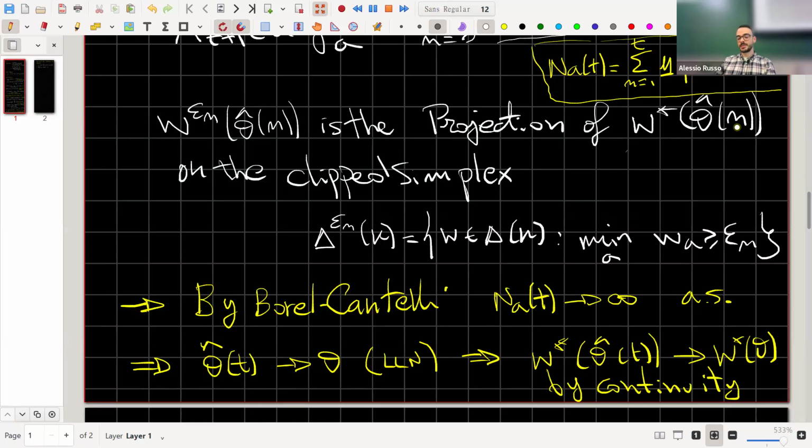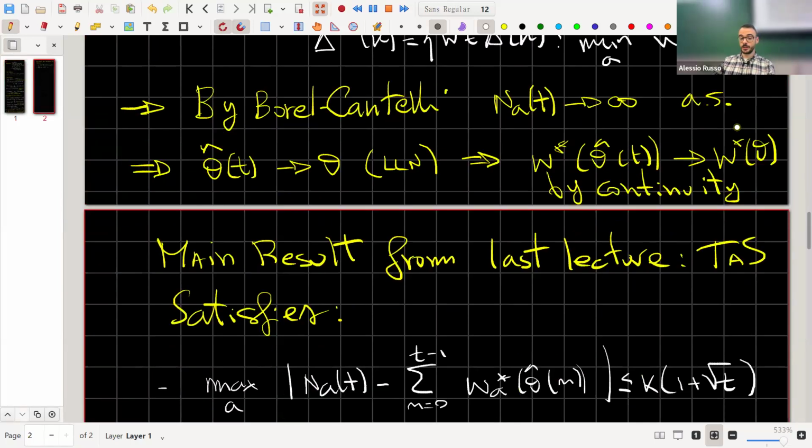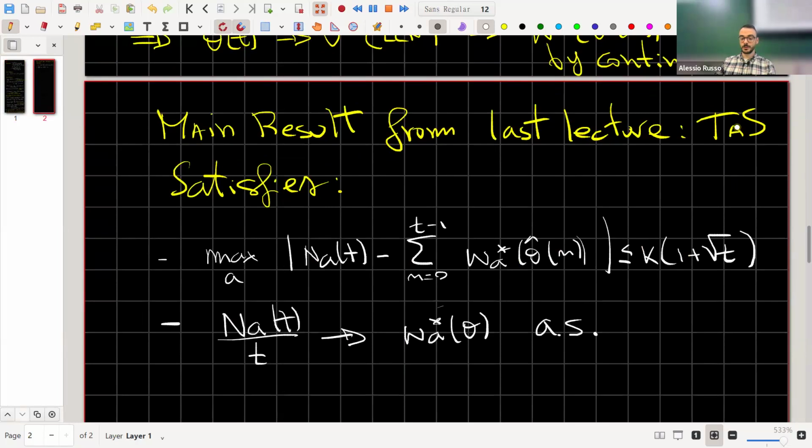But this is all nice, but it's not really what we want. What we really want is that asymptotically, we can show that the average sampling of the arms converges to the true W star.